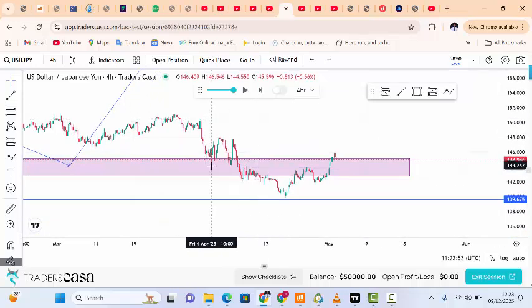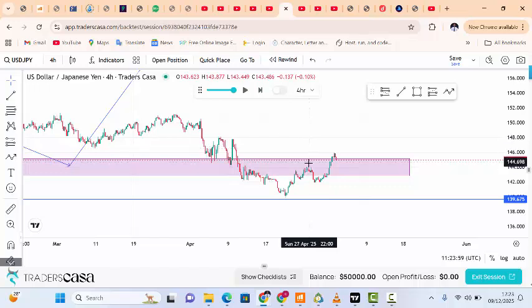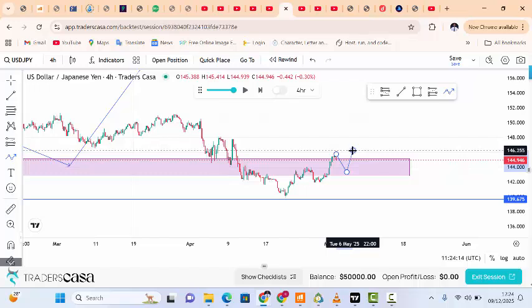It fell, pulled back, fell, pulled back, fell, went, pulled back. It could not take out the previous low, then took it out. So I'm waiting for this. Now there's a POI here. So what I'm waiting for is for it to do like this, and then give us a new high, we are buying. So let's wait and see what happens.